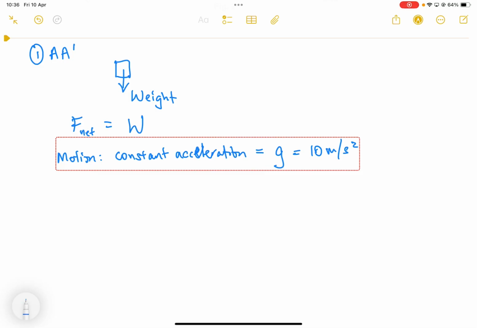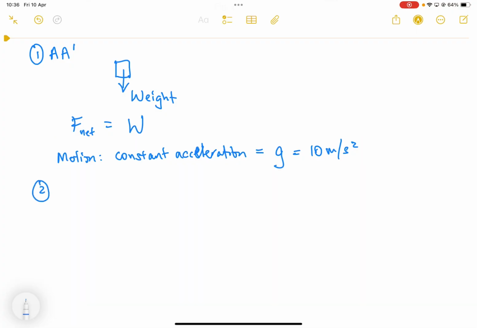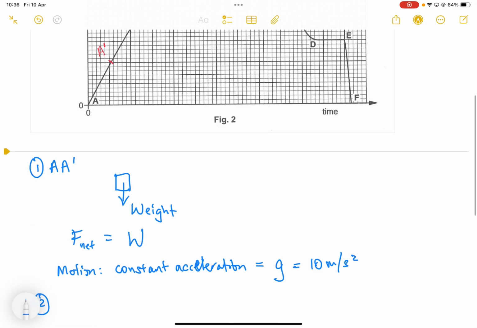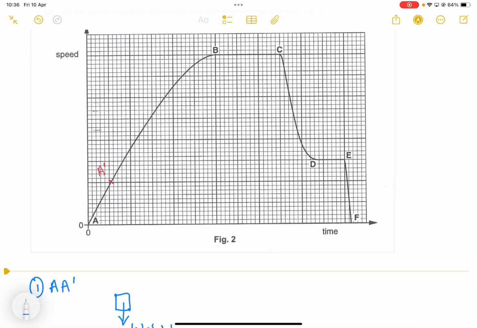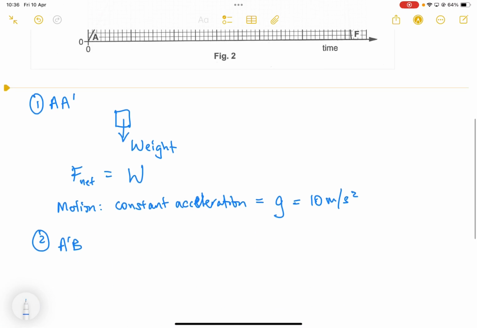Any questions? Okay, so from A to A prime. Next, from A prime to B. What's happening? Which force is present now? Air resistance, yes. What's happening to the air resistance?